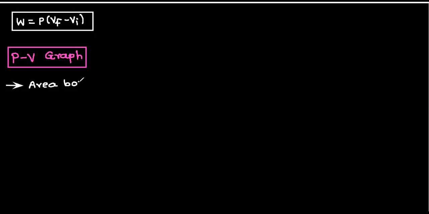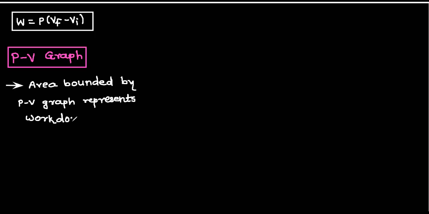Area bounded by the PV graph represents work done.